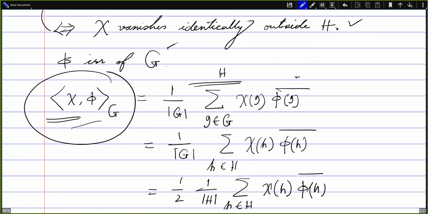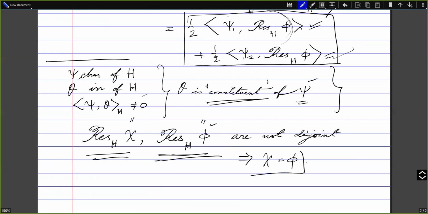Then we consider any irreducible representation phi of G, and then we restrict that to H. Then what we say is that if this restriction of phi is not disjoint from the restriction of chi, then phi has to be equal to chi.